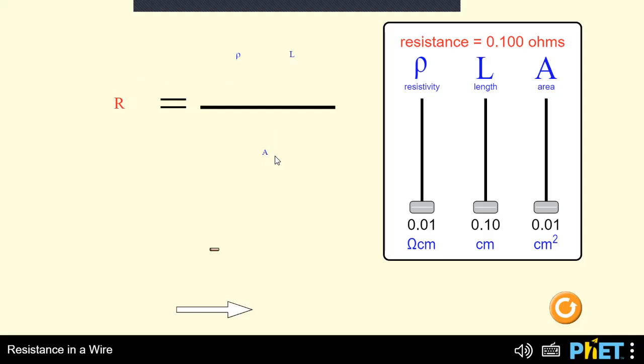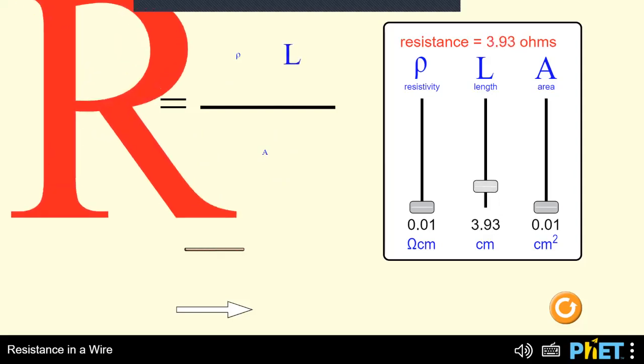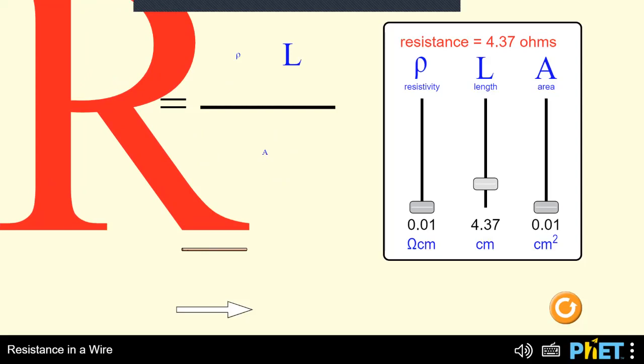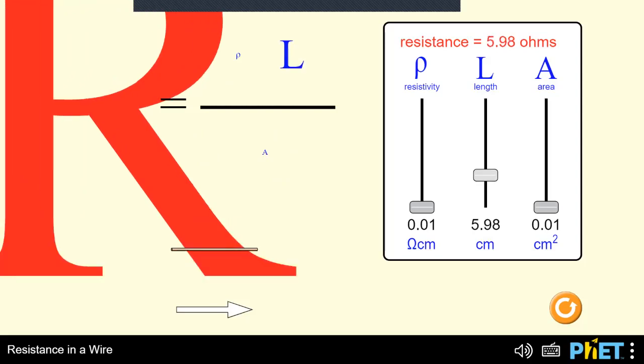Let's take note that the lesser the area, the larger the resistance. The greater the area, the lesser the resistance. Now let's make our length much bigger. You will notice that as the length increases, R also increases.